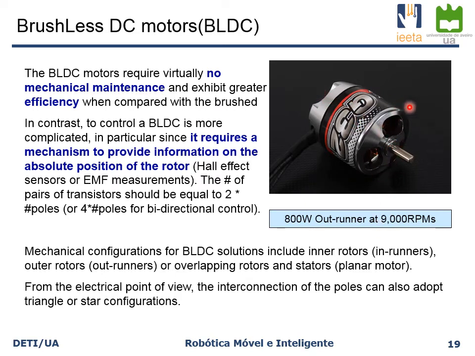This is typically the kind of motor used, for instance, in drones that you know so well. This is an example of an 800 watt outrunner that can go up to 9,000 RPM. From the electrical point of view, the interconnection of the poles can also adopt both triangle and star configurations, and this will result in solutions that are best applied to different applications.